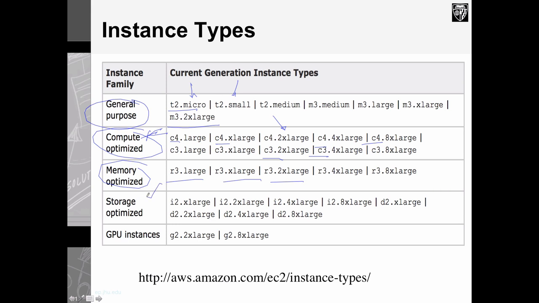The storage optimized instances typically are either I2s or D2s. They have a lot more storage for use by your application. These are again the instance storage, like we talked about in the previous slide. The last type of instances are the GPU instances. These are for graphic intensive applications, and these start with G2s.